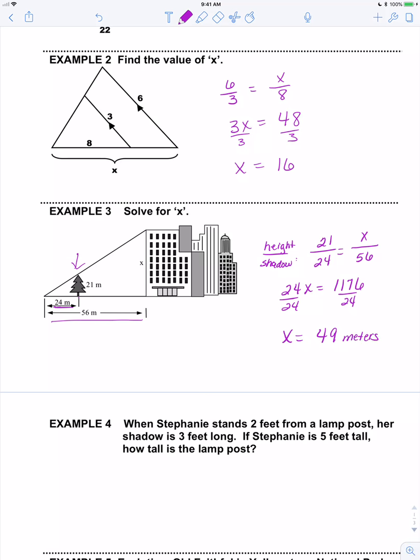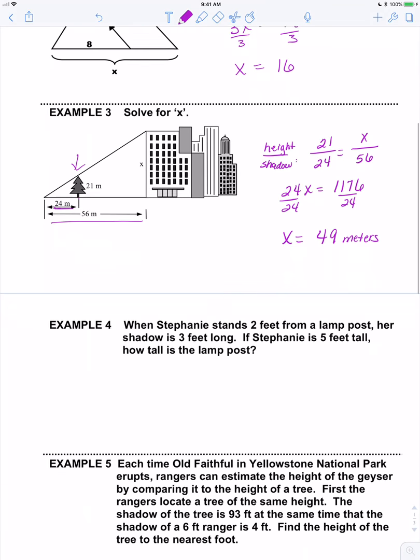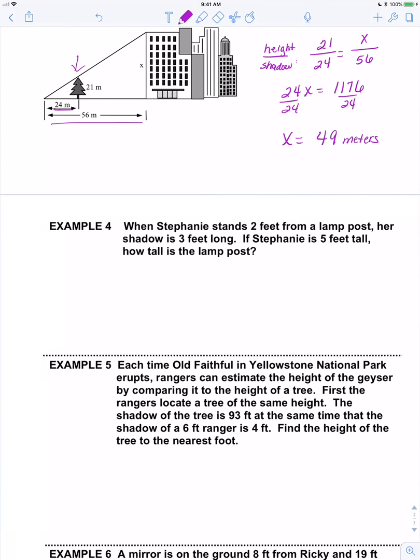This really is helpful. One time my brother was cutting down a big pine tree, and he didn't want it to hit his fence or his house. He knew exactly about where he was going to be able to drop it, because he's pretty good at that. He asked me if I could help him figure out how tall the tree was to see if it was going to hit his fence or not.